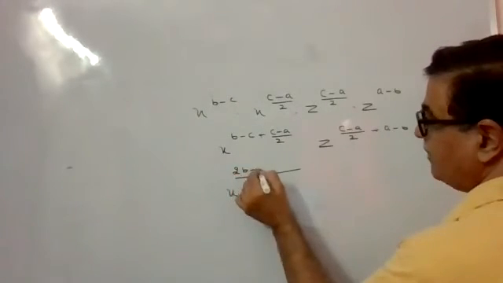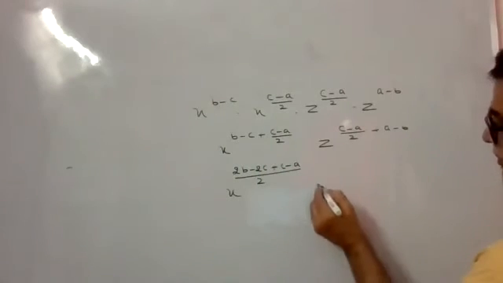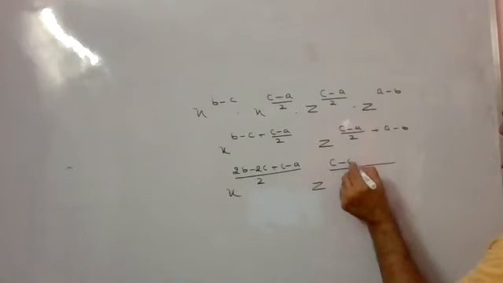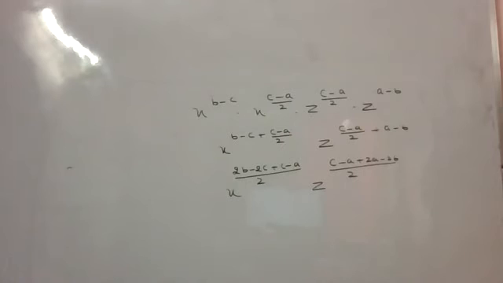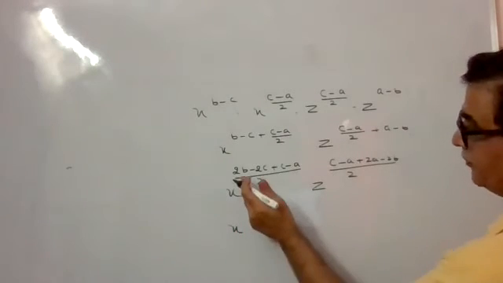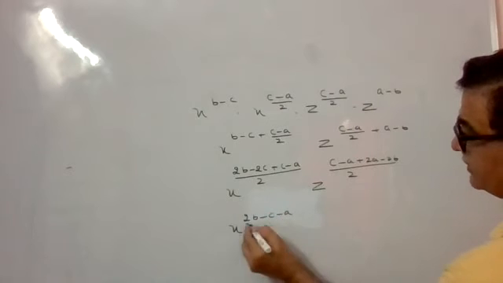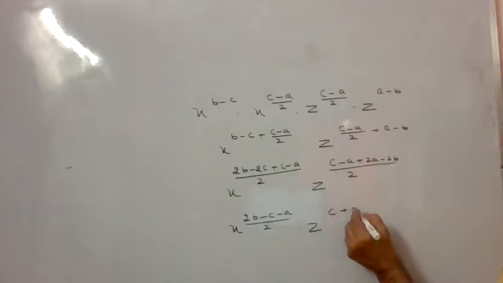So 2b minus 2c plus c minus a. For z, power 2 is the LCM, it will be c minus a plus twice a minus twice b. When you solve it, it will come x power 2b minus c minus a by 2, and z power c plus a minus 2b by 2.